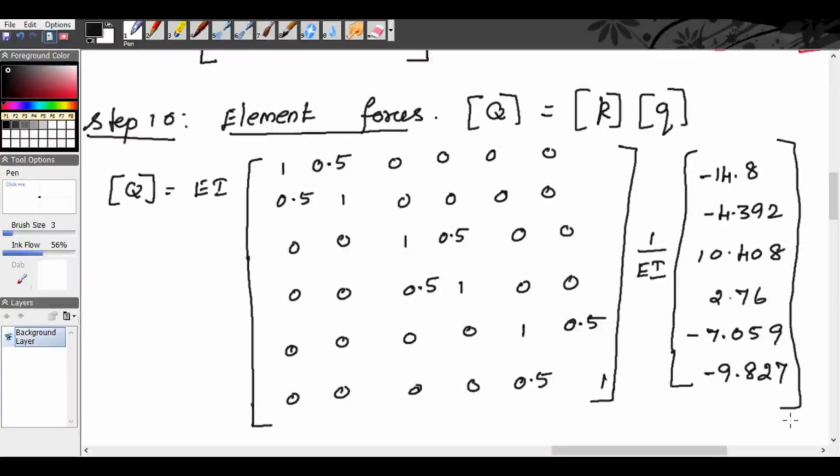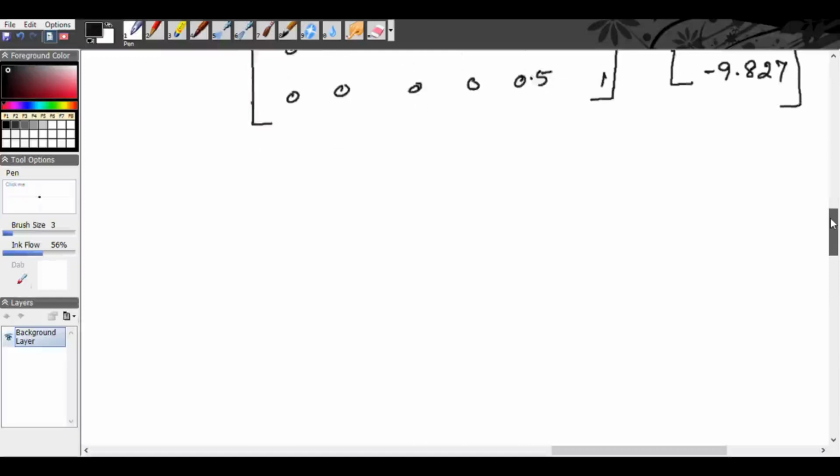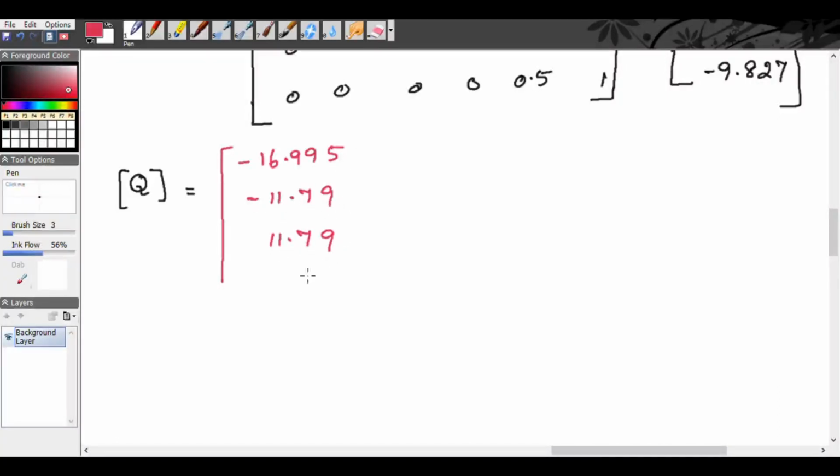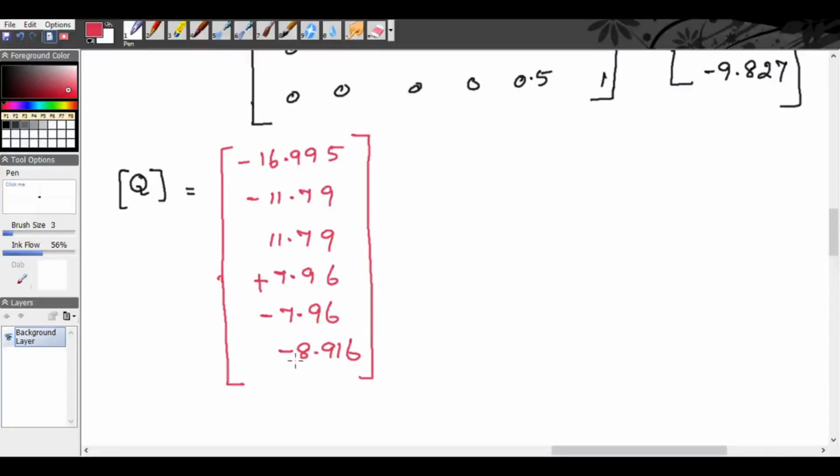So you will get the system forces capital Q as minus 16.995, minus 11.79, 11.79, plus 7.96, minus 7.96 and minus 8.916.